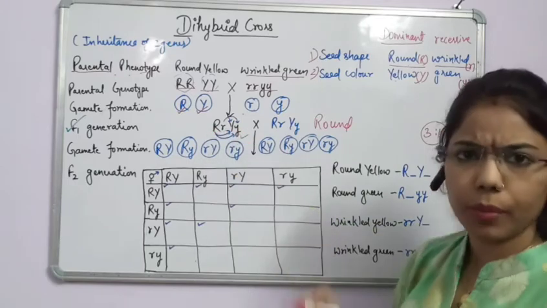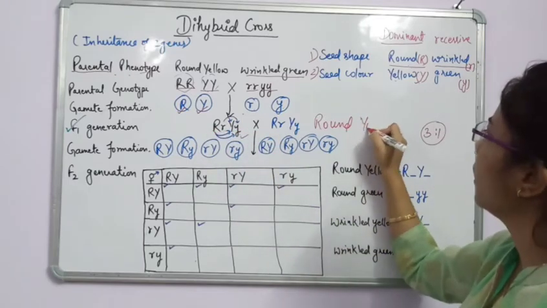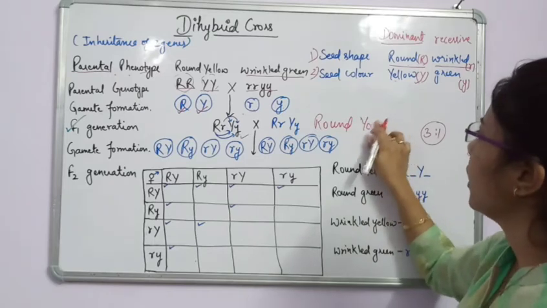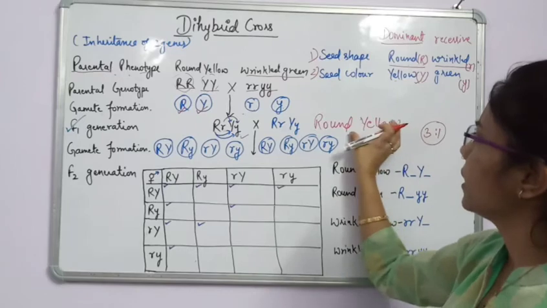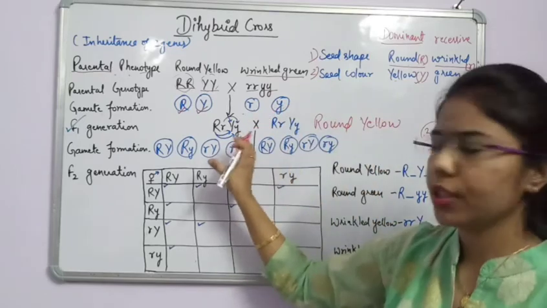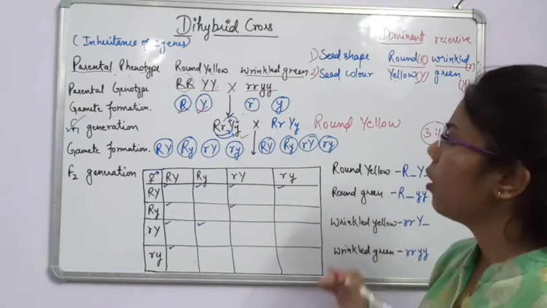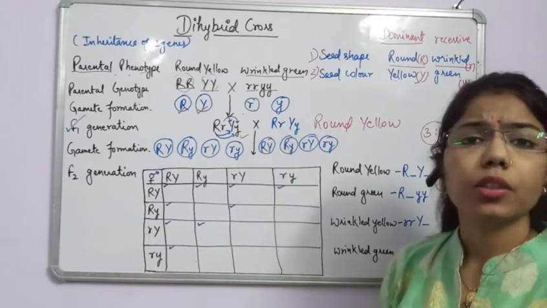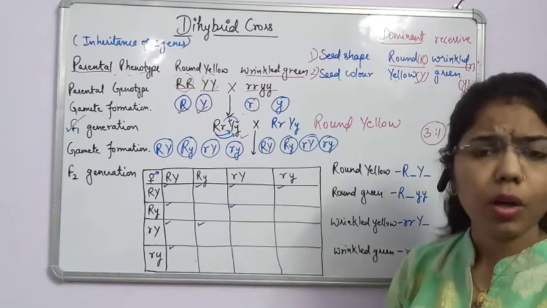Because R is dominating here and Y is also dominating. So this is the phenotype of the F1 generation, which are all round and yellow type. Now we have done the selfing. During the selfing also, it will give some offspring.